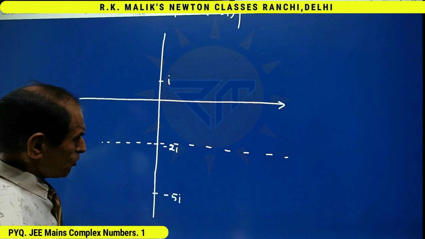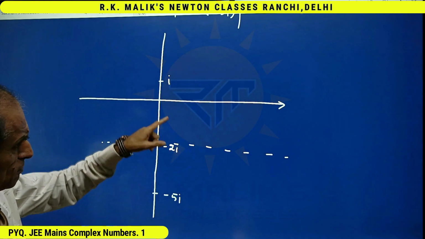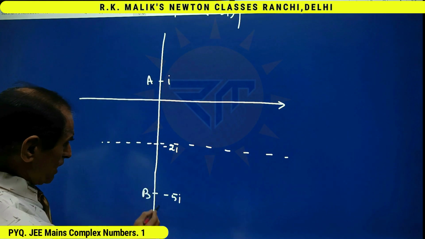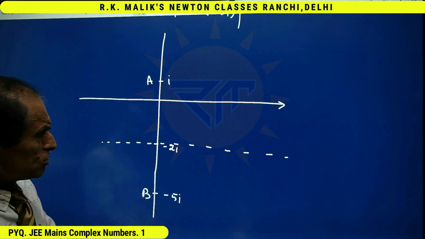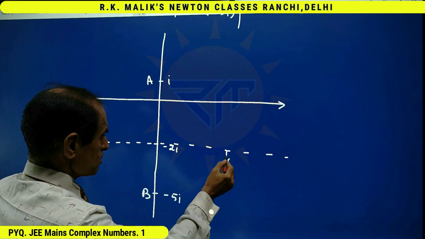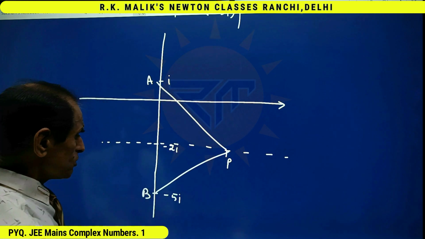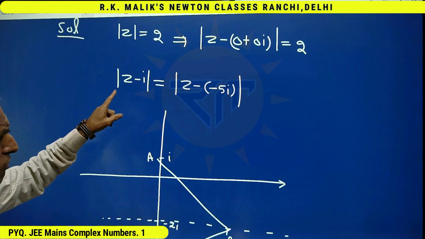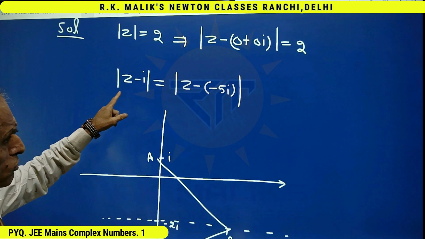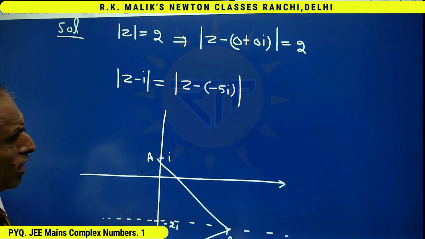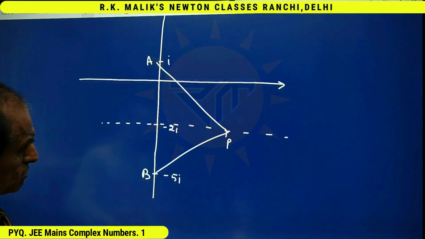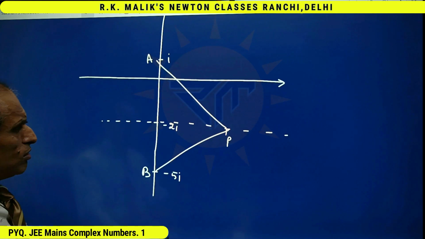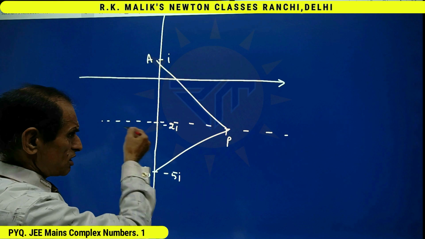For any point on this line, this line is perpendicular bisector of the line joining A and B. For any point on this line, say P, this will be surely equal to this, and I want those complex numbers whose distance from iota and minus 5 iota are equal. It means for this condition to be true, z will have to move on this line.